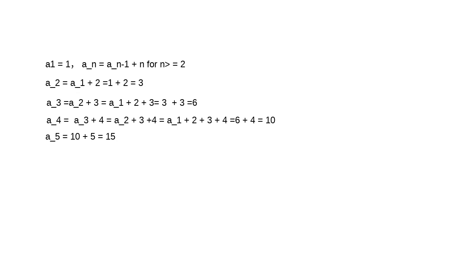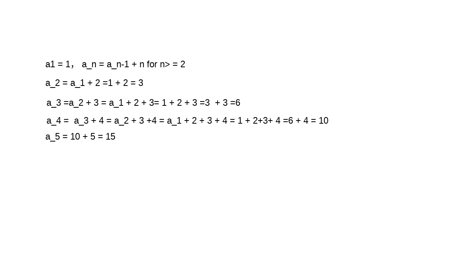Because A1 is 1, 1 plus 2 plus 3, that's 3 plus 3, that's 6. A1 is 1, A2 is 1 plus 2, 3, A3 is 1 plus 2 plus 3, which is 6. And then A4, similarly, I can write one more step: 1 plus 2 plus 3 plus 4. Okay. Now we can do A5, but I don't want to do it.